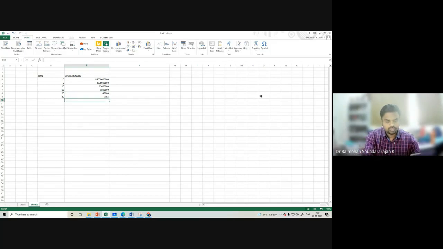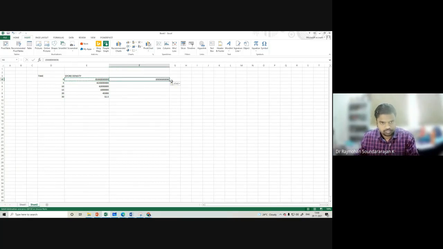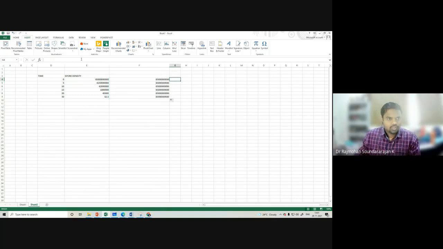So we have the values here. Now, the initial value we need to have. This is your Nt value, and this is your N naught value.